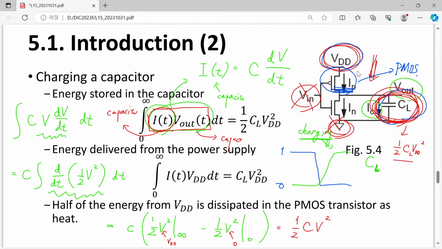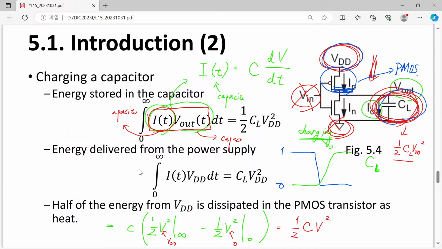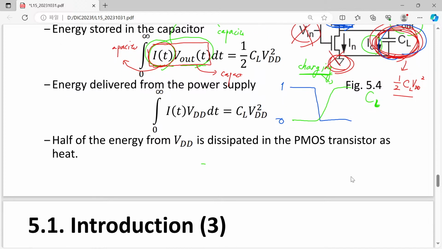Okay, so let me make another, although crude, analogy on this situation. Let's say that there is a jar and we have a certain lake.